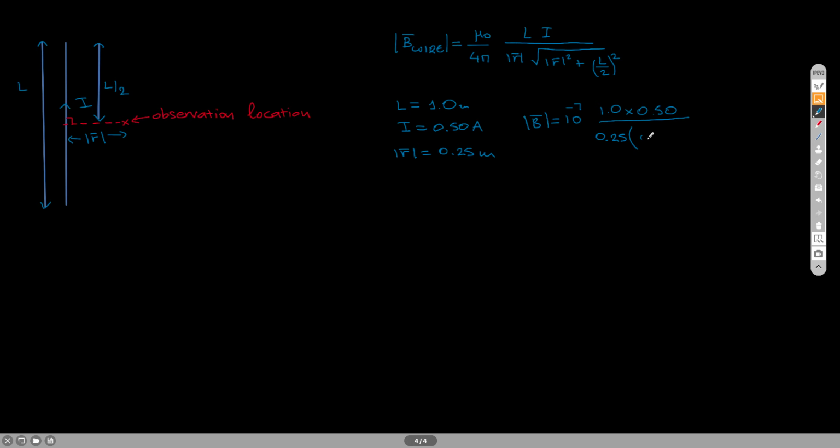And then I have the square root of 0.25 squared plus L over 2. L is 1, so L over 2 will be 0.5 squared, and then I take the square root of that sum.